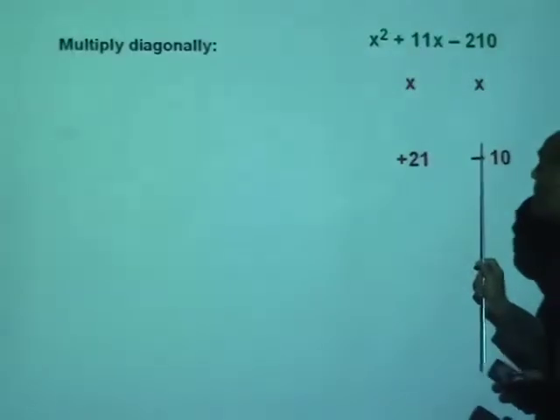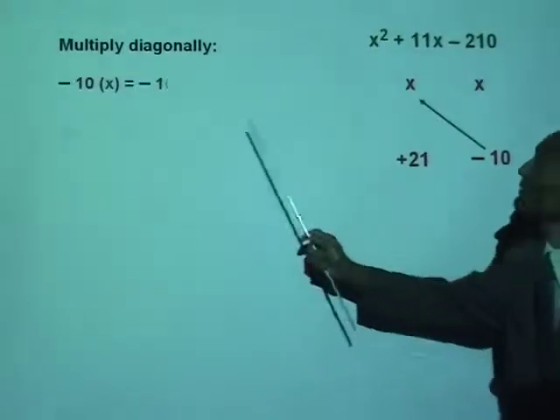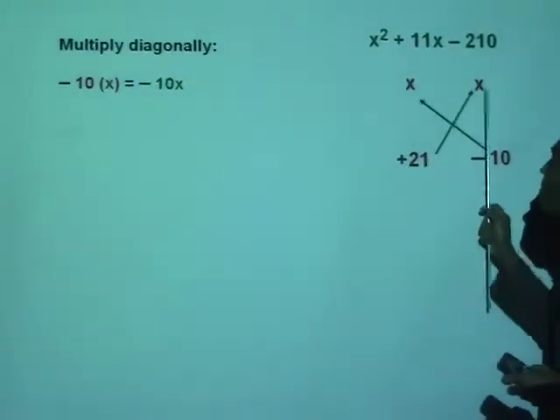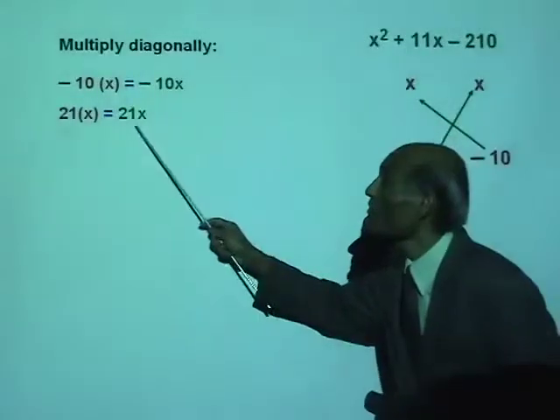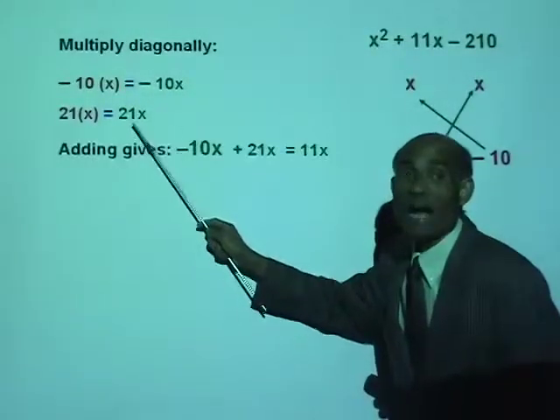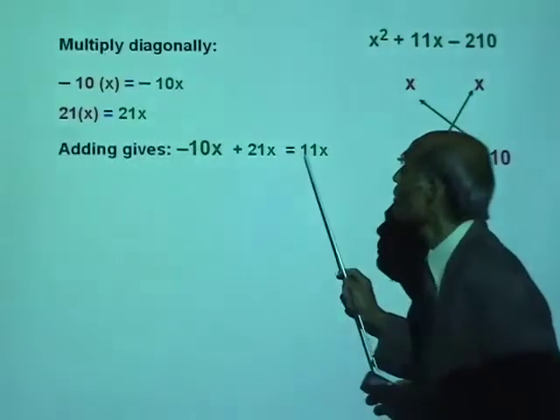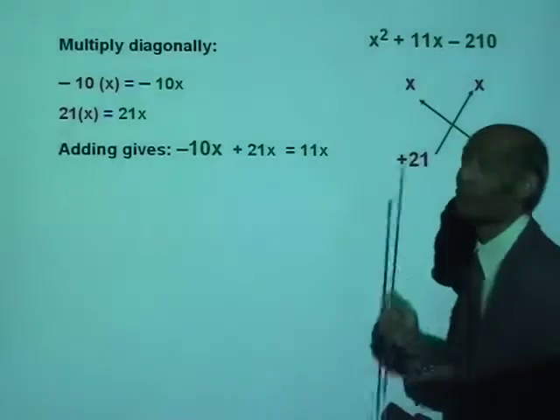Now multiply diagonally. Negative 10 times x is negative 10x. 21 times x is 21x. What do you get if you add them? Adding gives you 21x minus 10x is 11x. And that is our middle term.